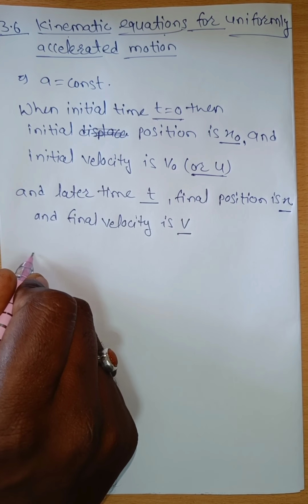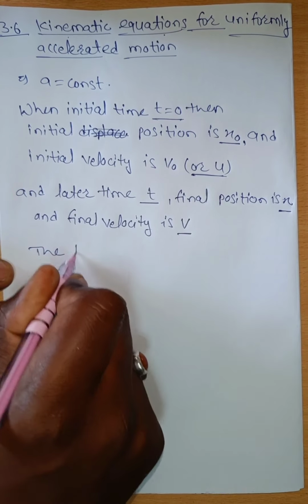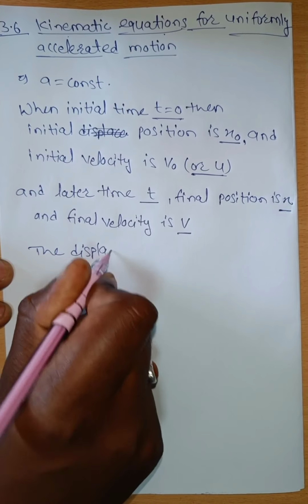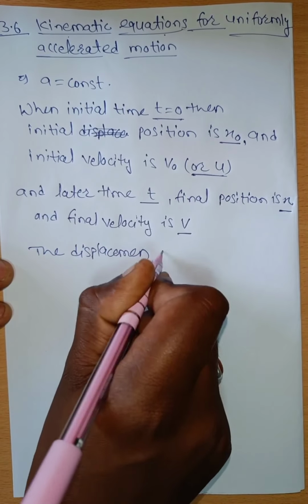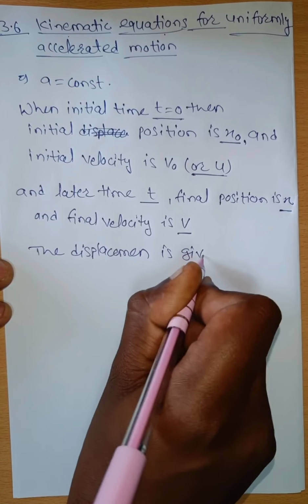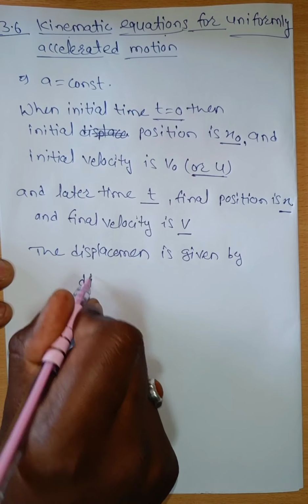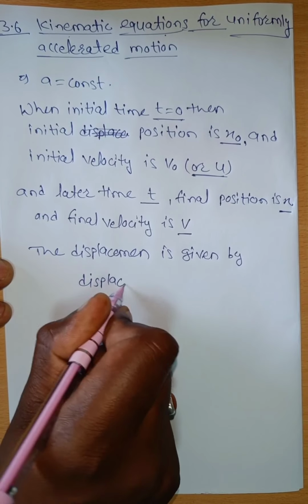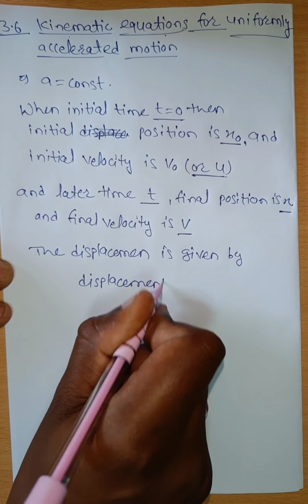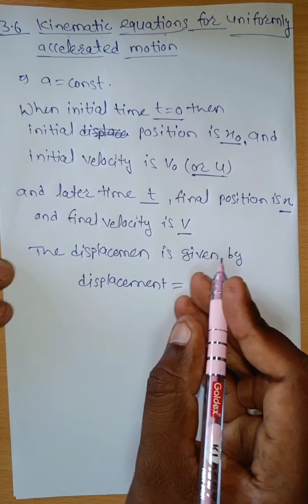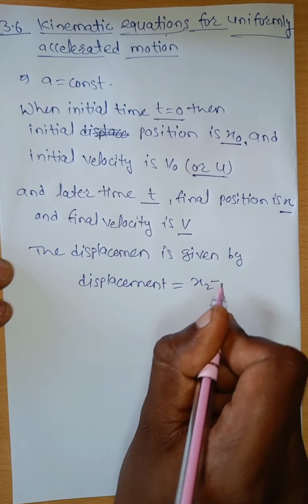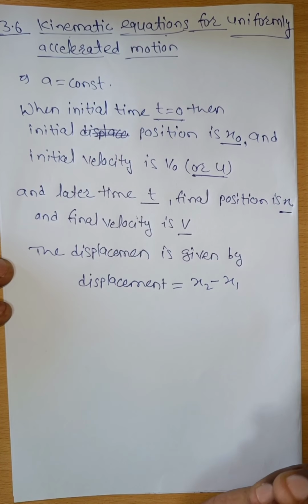Then we know that the displacement is given by, what is meant by displacement? That is final position minus initial position.